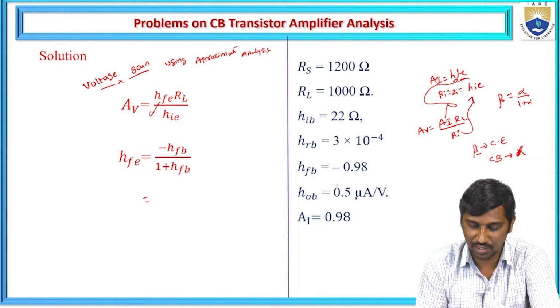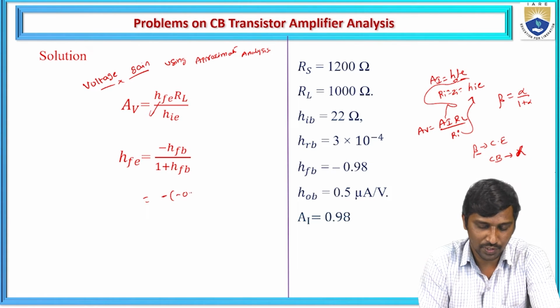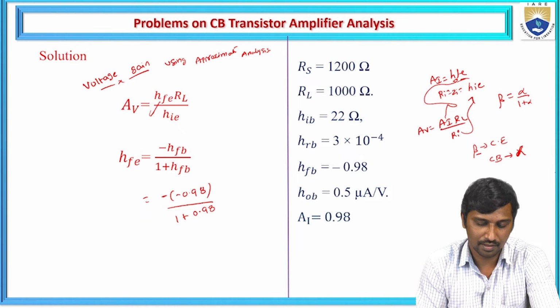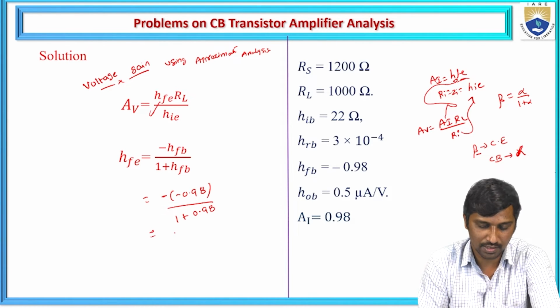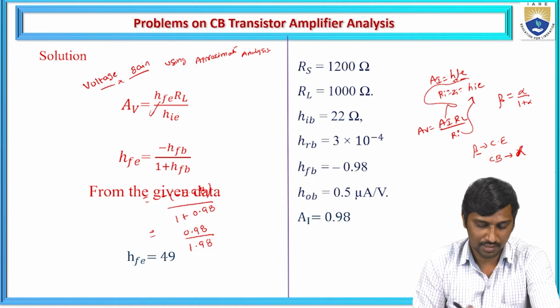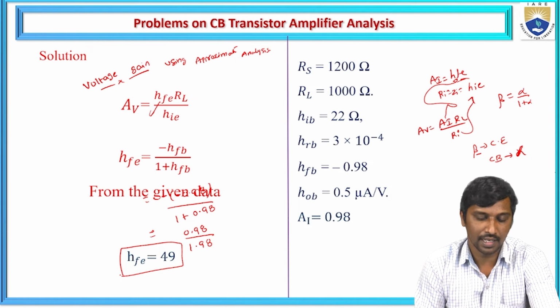So the HFB value is minus of 0.98 divided by 1 plus 0.98. If you solve this, it is 0.98 divided by 1.98, hence this HFE becomes 49.